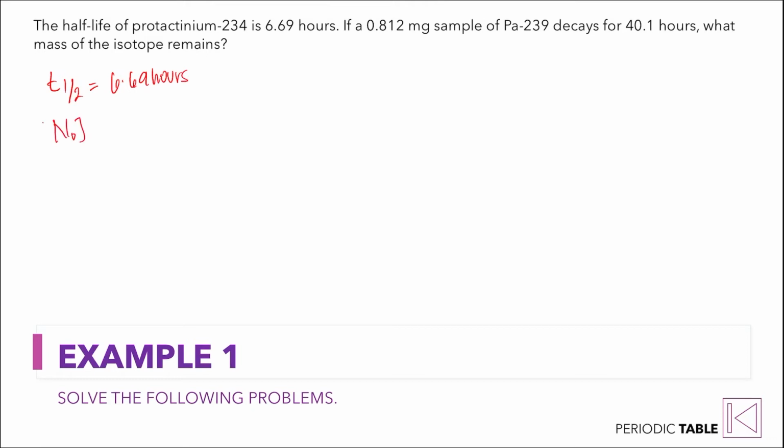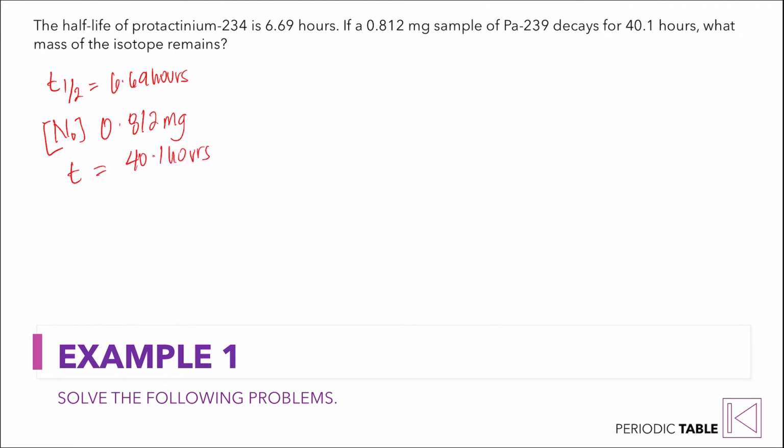So initial amount is N0, 0.812 milligrams. Okay, so nag-decay daw siya for 40.1 hours. So the time here is 40.1 hours.